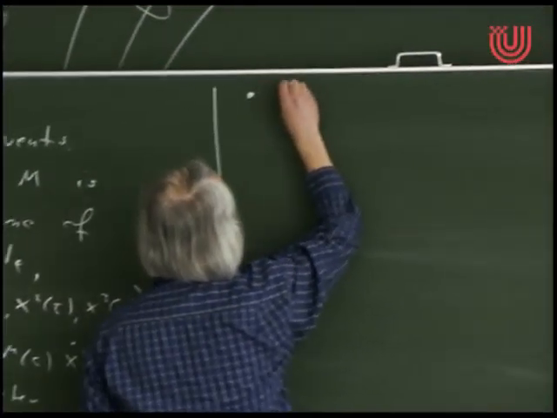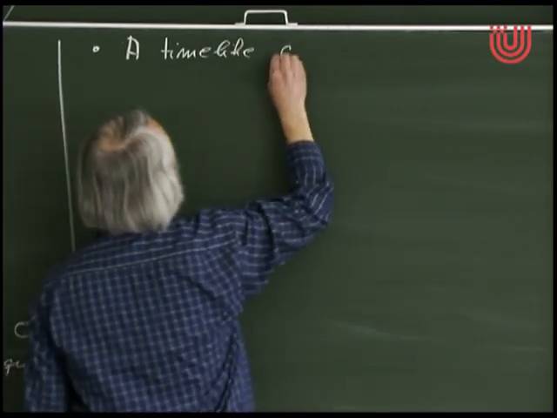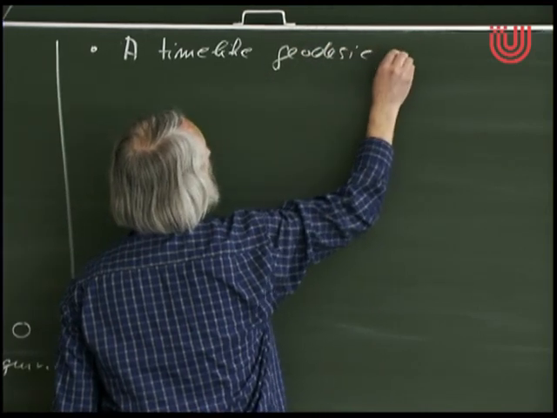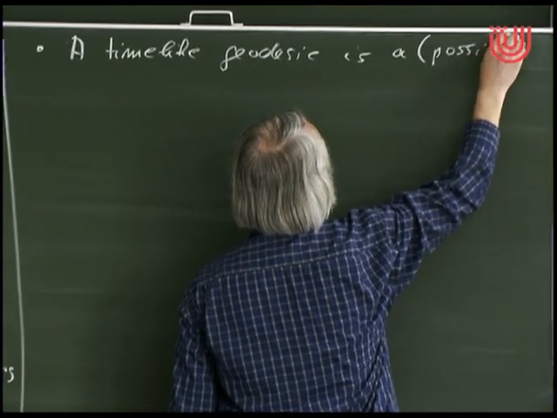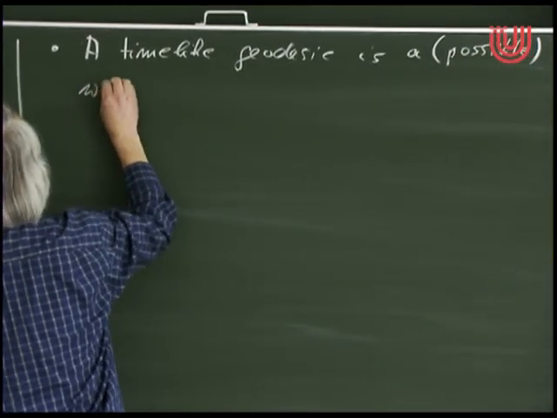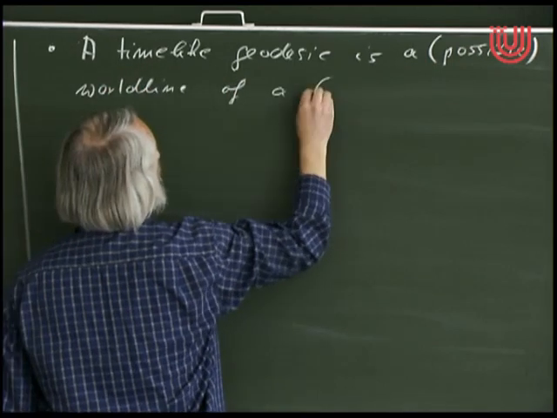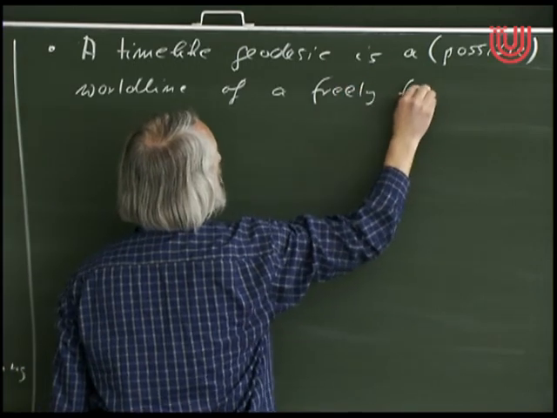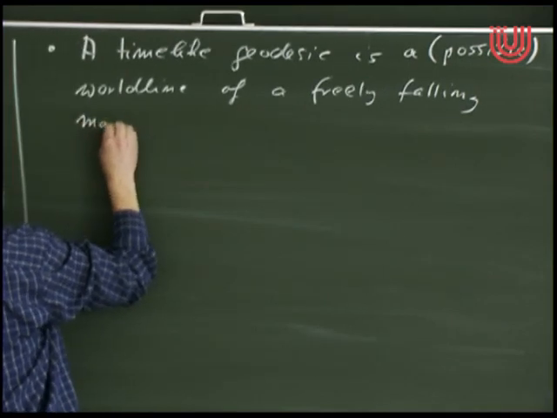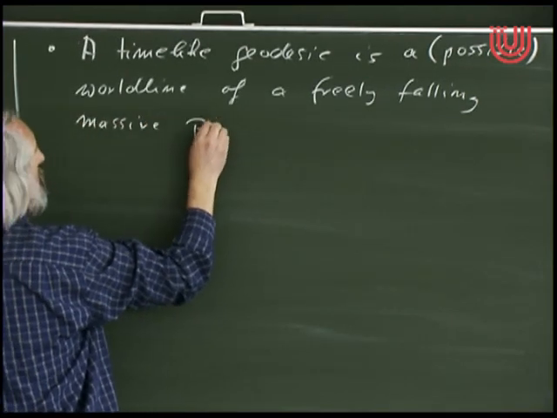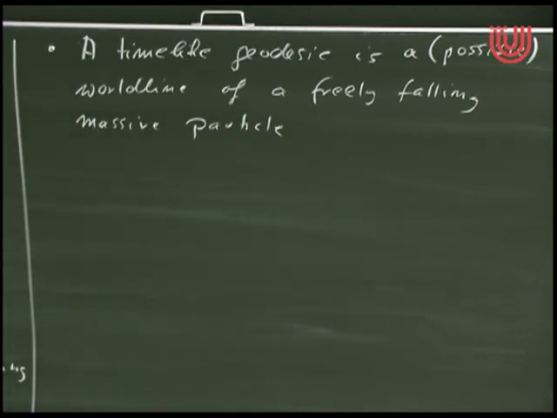So a time-like geodesic is a possible world line of a freely falling massive particle. And freely falling means influenced by gravity alone.